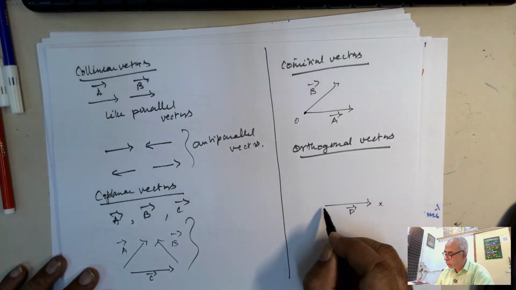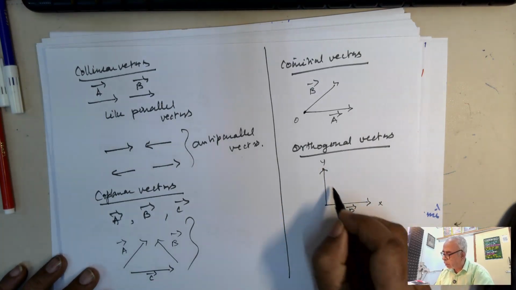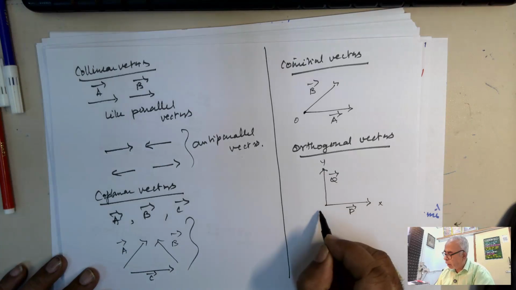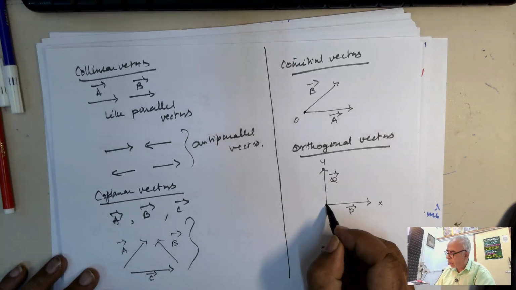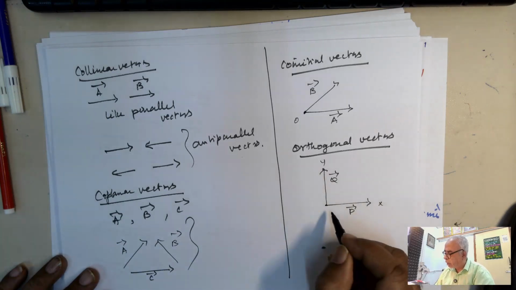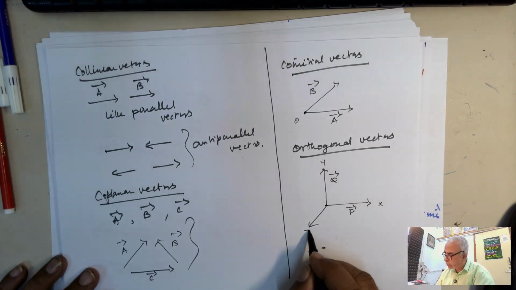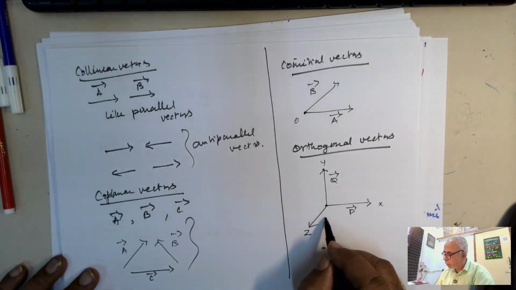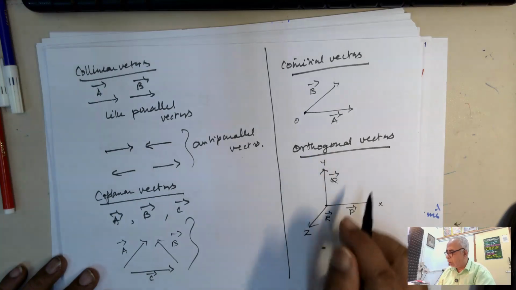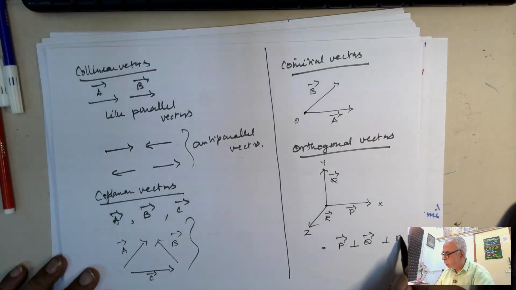Another vector is moving along the y-axis, so let me call it the Q vector. Another vector is traveling above the plane of the paper, but that cannot be represented in this way, so I am giving a perspective view. It means Z, and this vector is called the R vector. So the P vector is perpendicular to the Q vector, which is perpendicular to the R vector.